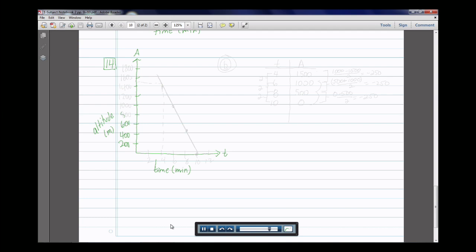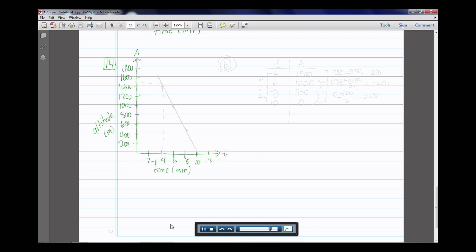So 200, 400, 600, 800, 1,000, 1,200, 1,400, 1,600, 1,800, and on the x-axis 2, 4, 6, 8, 10, 12.